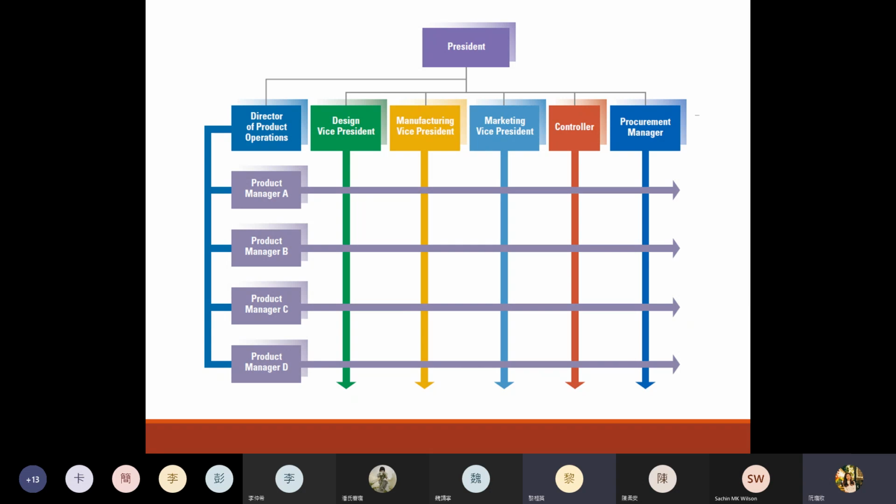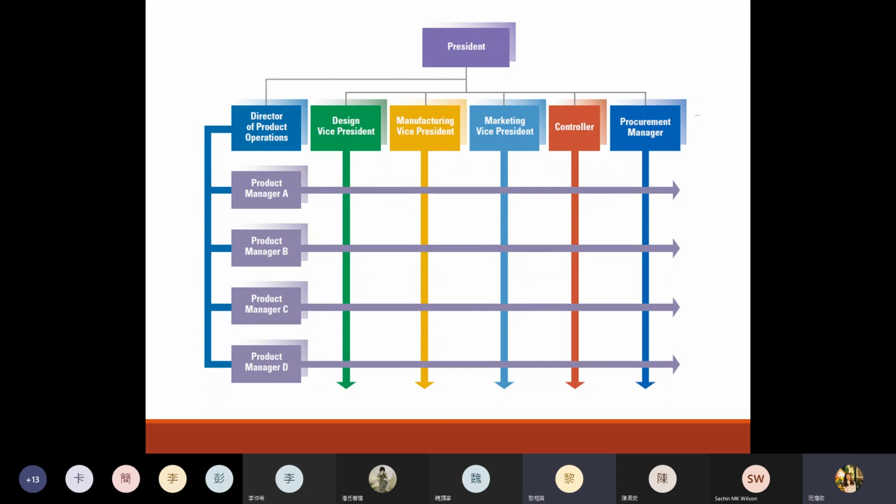Like in the example here, the design vice president has to take care of product A, product B, product C, and product D. So if that team is not good, everything falls apart, so maybe the result of the company will not be good.